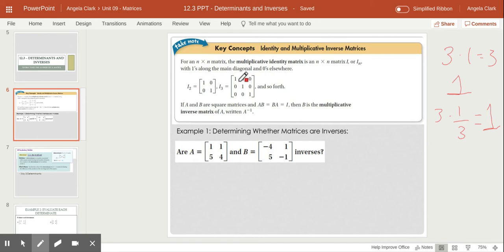So if I had a 4 by 4, I would have 4 1s along my diagonal, and everything else would be 0s. So that's the multiplicative identity of a matrix.